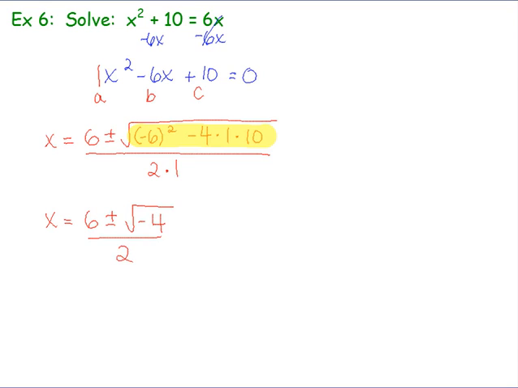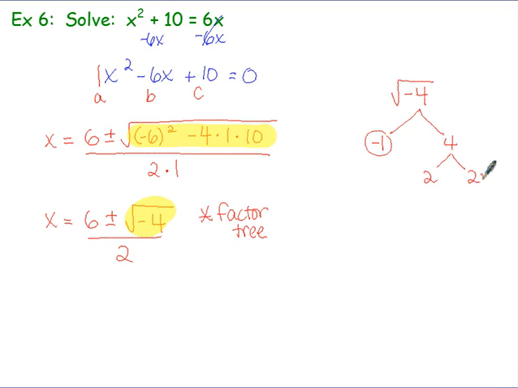This is a negative. If it's a negative, we automatically use a factor tree. So the square root of negative 4. Well, first, you automatically had to start with negative 1 and positive 4. 4 is 2 and 2, and that tree is done.